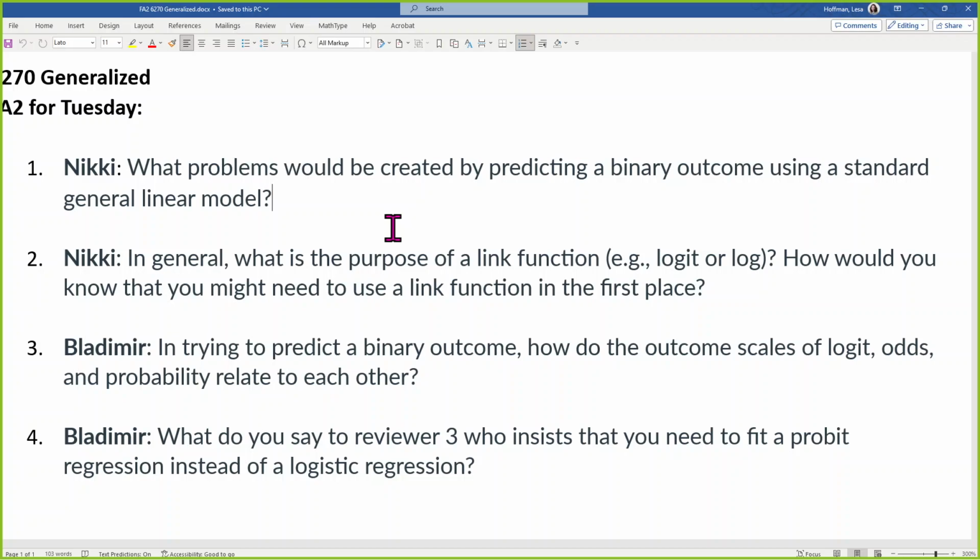You can call a friend. It starts with an I. Inverse link. Yep. So link is going from data to transformation. Inverse link is going from transformation back to your data scale.